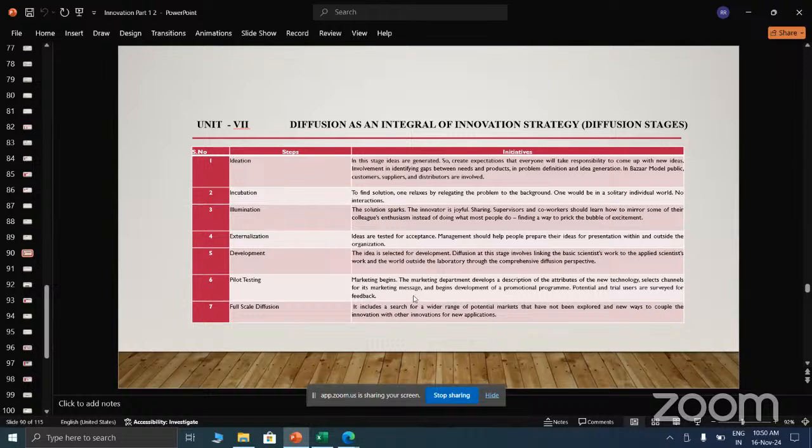Okay. Now let's look at the different steps involved in the integral of innovation strategies, that is the diffusion. The 7 stages include ideathon, incubation, illumination, externalization, development, pilot testing, and full-scale diffusion. Ideathon is nothing but what we discussed as generating ideas, sitting at one place, exchanging ideas.